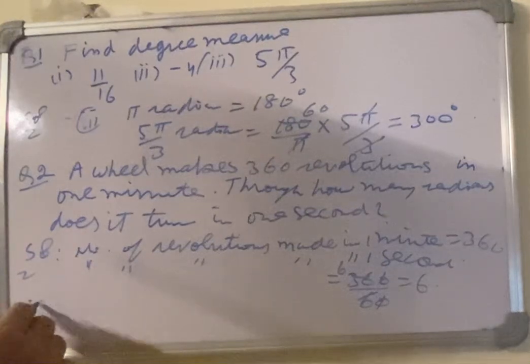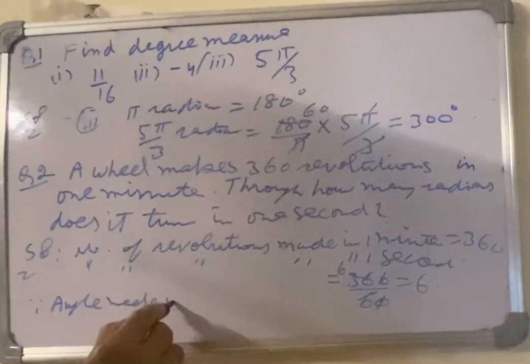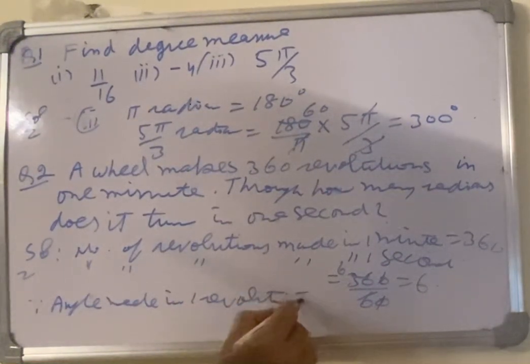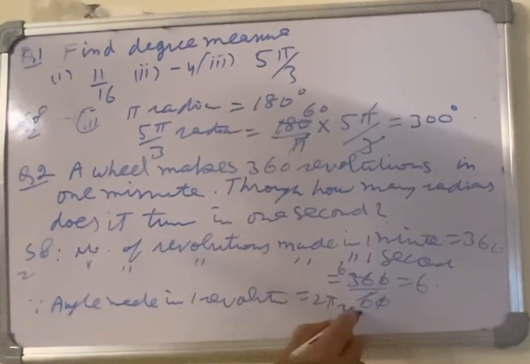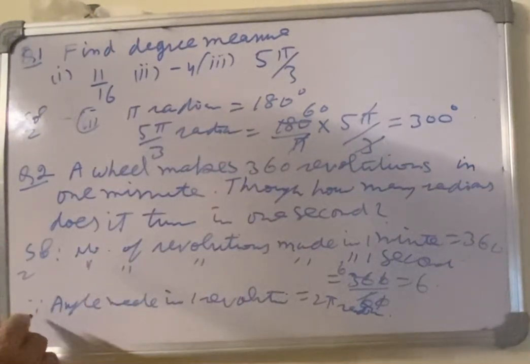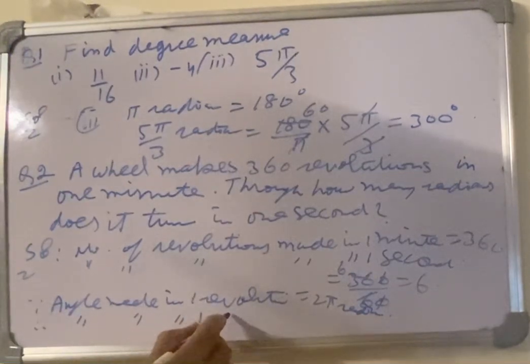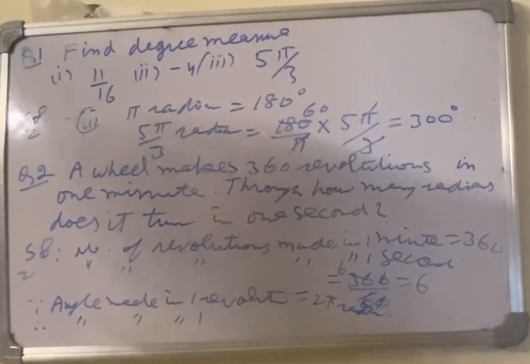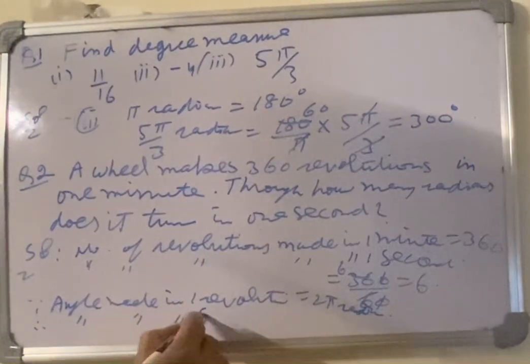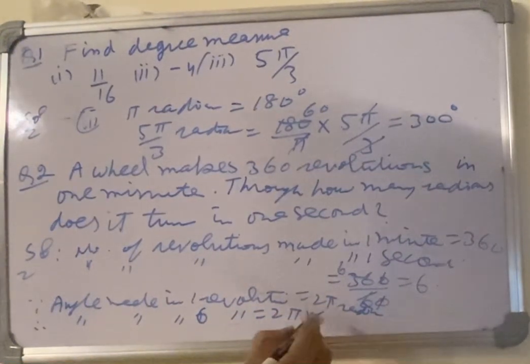Now since angle made in 1 revolution is equal to 2 pi radians, therefore angle made in 1 second, angle made in 6 revolutions is 2 pi into 6.